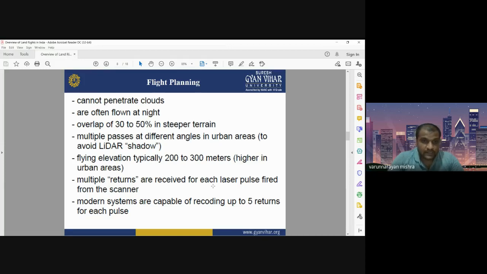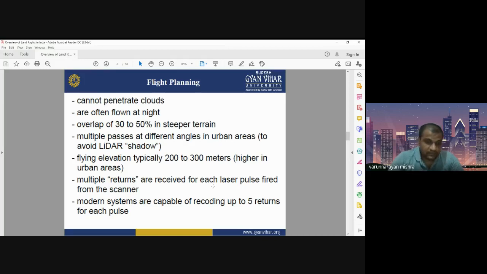And we generally use lidar in the night time, because in some cases in the daytime it may be affected by the solar radiation. So in most of the cases, we use lidar in the night time.